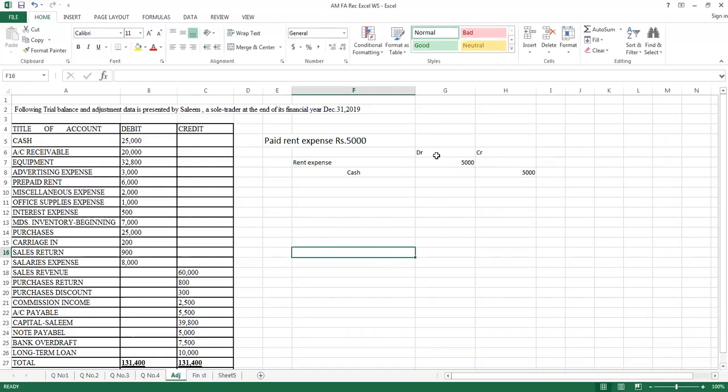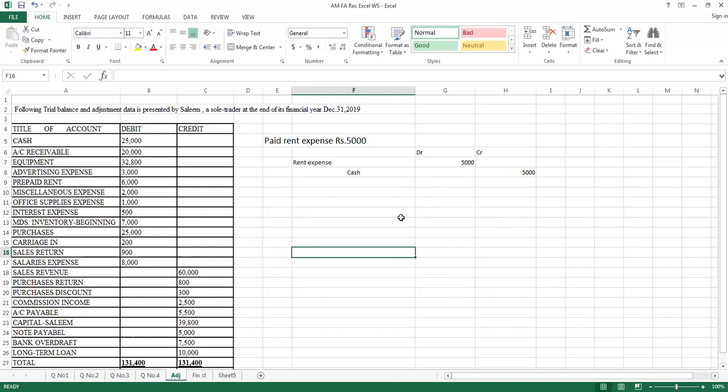Now, these are the basic concepts that should be in your mind. And if you are not quite comfortable with these concepts, go back to the basic understanding and see again how you prepare basic journal entries. You should know that if you are rendering services to someone and that person is paying you an amount, what entry is possible.